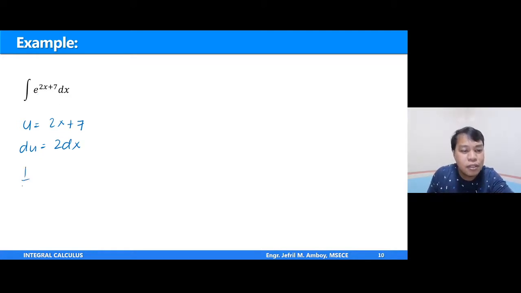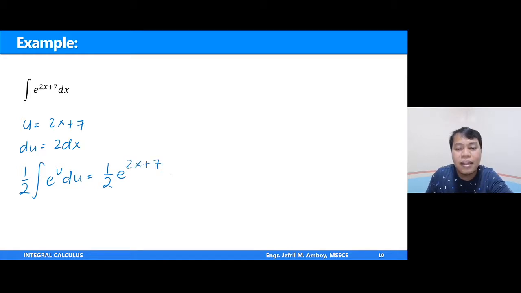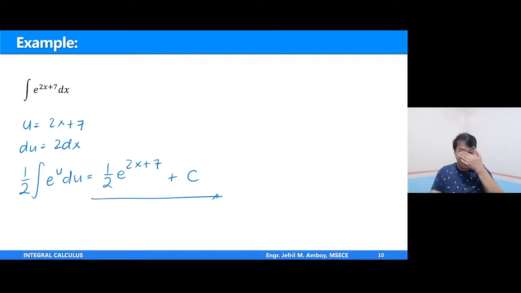No? So, dahil du over 2, labas ko na lang yung 1/2. And then, ang matitira, e to the u du. Okay? So, this now, kapag integrate natin, magiging 1/2 e to the, yung u ulit natin is 2x plus 7 and then plus c. So, that's it. Yan na yung sagot. Sobrang dali. Diba? Dali lang.